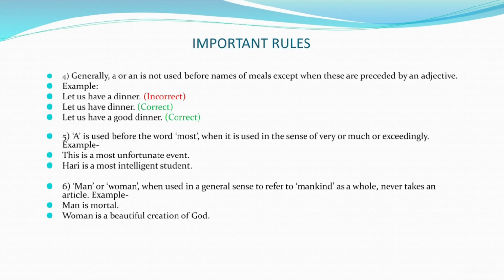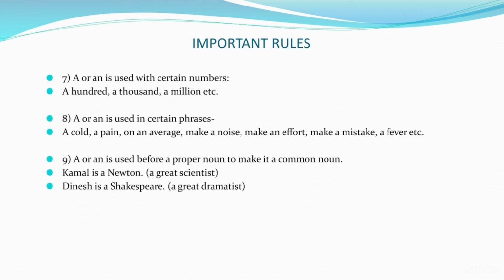Next rule, man or woman, when used in general sense to refer to mankind as a whole, never takes an article. For example, man is mortal, woman is a beautiful creation of God. Next, a or an is used with certain numbers.